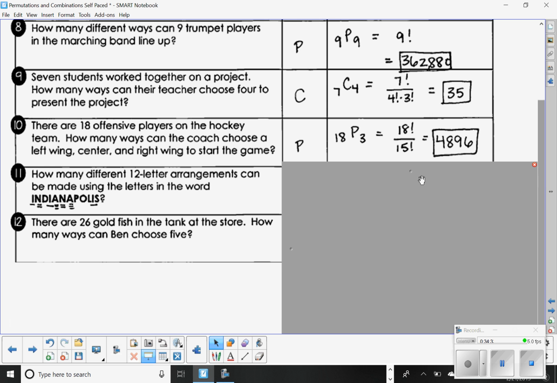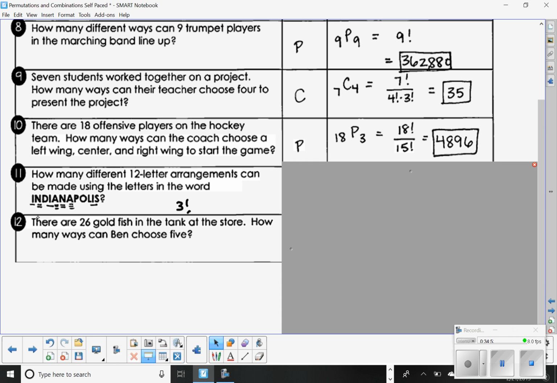Getting easier, I hope. How many different 12-letter arrangements can be made using the letters in the word Indianapolis? Notice what I've done here. How many do we have extra? I have 3 i's, so there's a 3 factorial in the denominator.